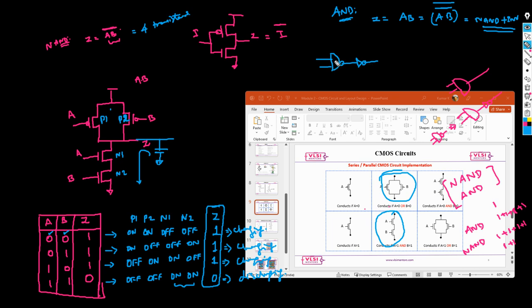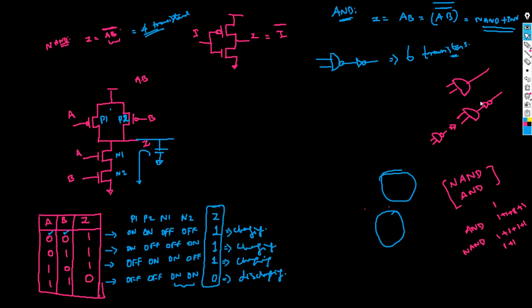Now for the AND gate, how many transistors will be there? Six. Which cell has the bigger area? The AND gate. You should always remember this: NAND will have a lesser area, and when you want AND, you need more area, because the cell will have six transistors.